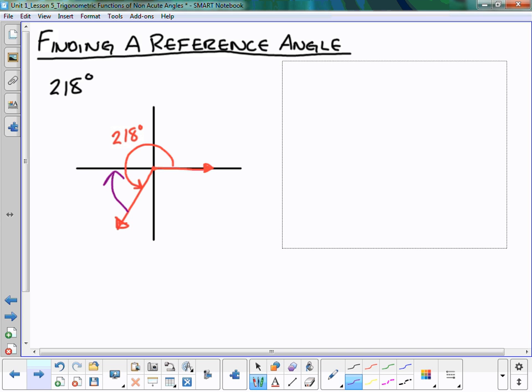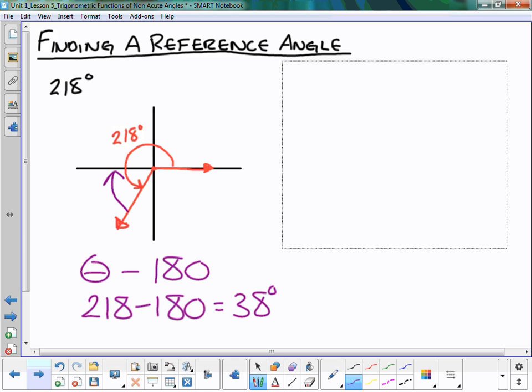So all I need to do in this third quadrant is take my original angle and subtract 180. And get that my reference angle is 38 degrees. That mistake's on the internet. It'll scar you for life.